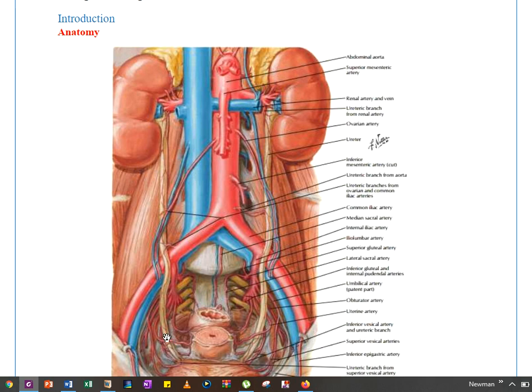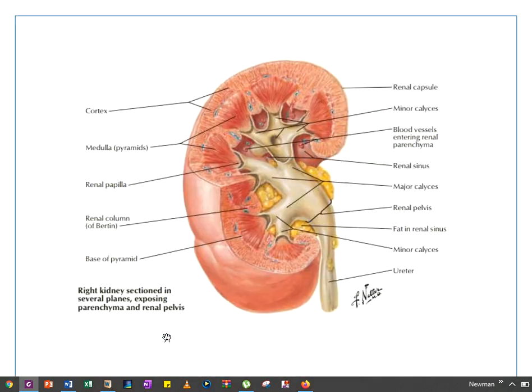So the next image is the image which shows a dissection of the kidney. Why this image? I want you to get something from this image, especially when we are discussing renal injuries.